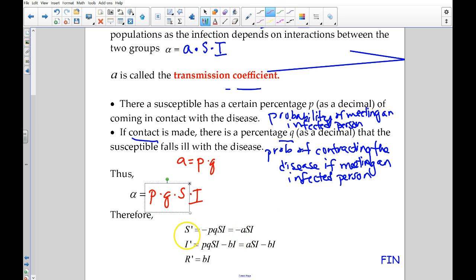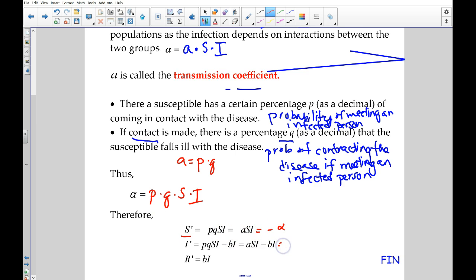We can write S prime, which we said was minus ASI, that's also equal to negative P times Q times S times I. And I prime, we wrote as ASI minus BI. So this first one, S prime, was just minus alpha.